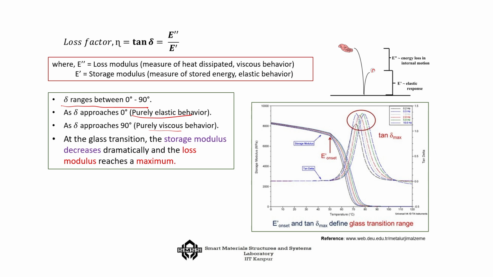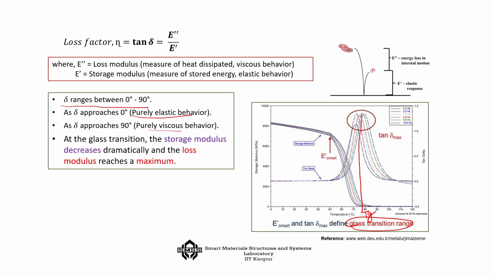And if I try to see how this loss factor changes with respect to temperature, you would see that at a particular temperature this will have a peak value, okay. So, that temperature is also known as the glass transition temperature or Tg. For a polymer this is important, you see, because below or above that the loss factor is quite low.